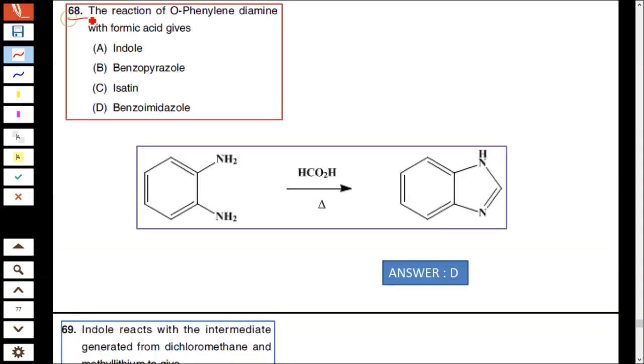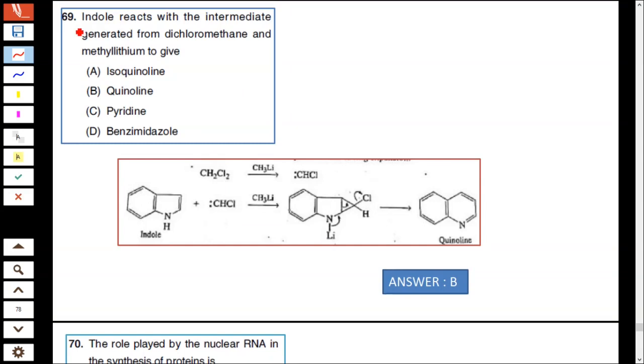Question number 68. The reaction of orthophenylene diamine with formic acid gives benzimidazole. Option D is correct. Question number 69. Indole reacts with an intermediate generated from dichloromethane and methyl lithium to give.